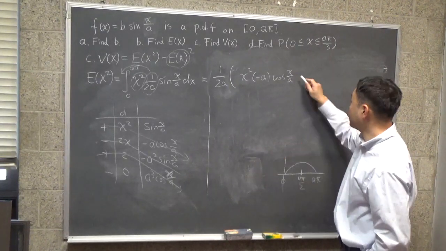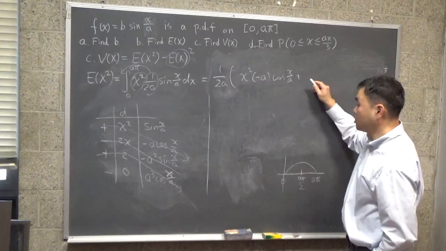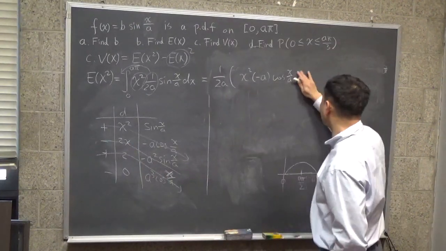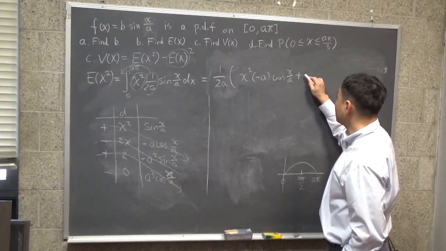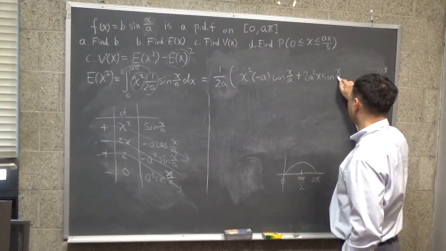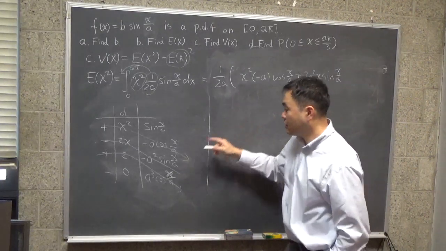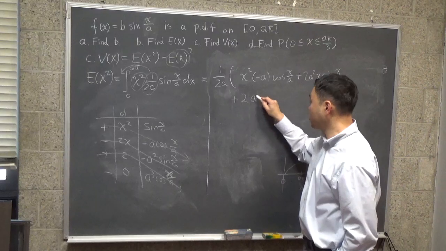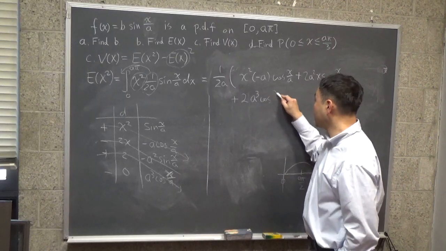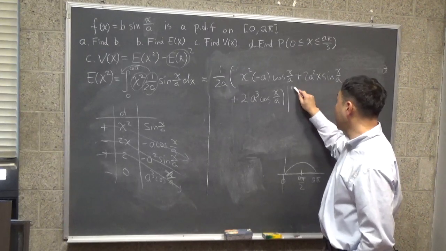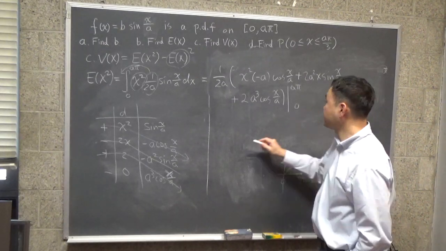The next one is plus, minus times minus is plus, so it's plus 2a squared x sine x over a, and then 2 times this, so it's plus 2a cubed cosine x over a, and you have a pi and then 0.